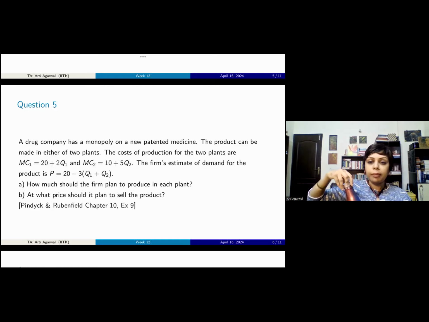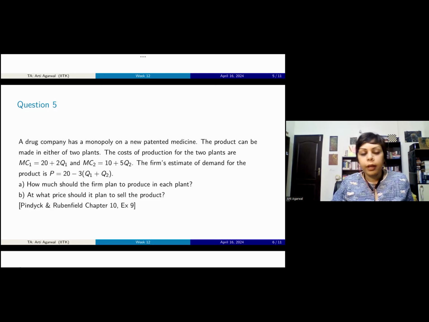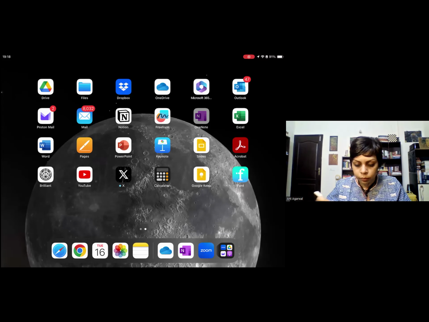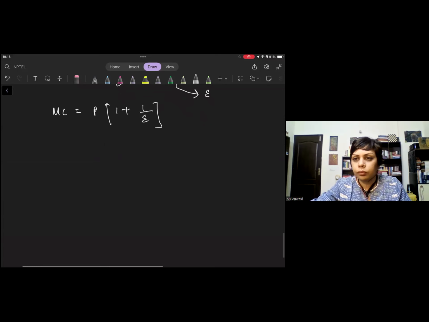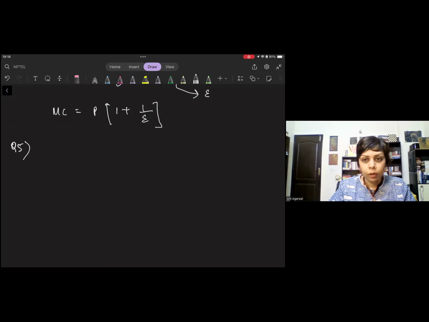But before we do that, we need to first check if both these factories can actually supply the quantity required given the market demand function. So let's do that first. Let's go to question 5.